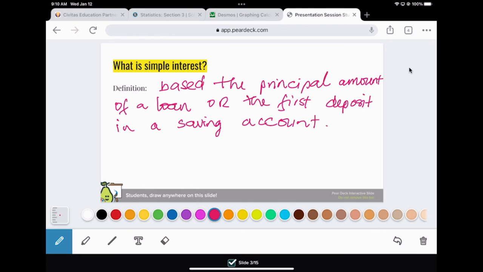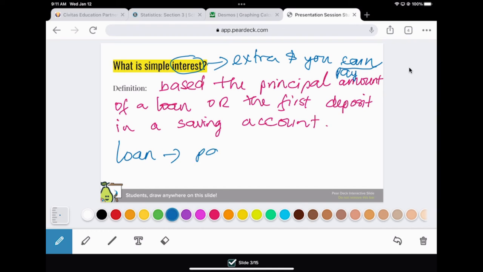So if you have a savings account, that means you're going to earn some sort of extra money, which we call the interest. So the interest is the extra money that you earn from the savings account, or for the loan, you have to pay. So you earn or pay, depending on which one we're talking about. If you take out a loan, we pay. If we have a savings account, then that's what we earn.